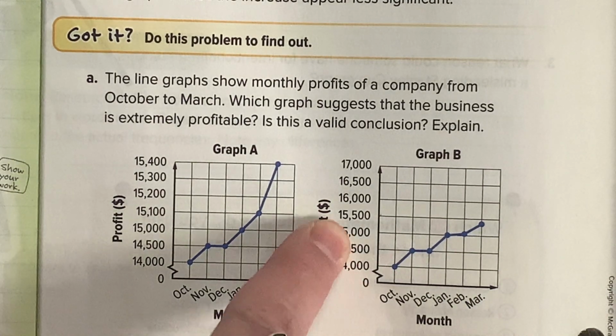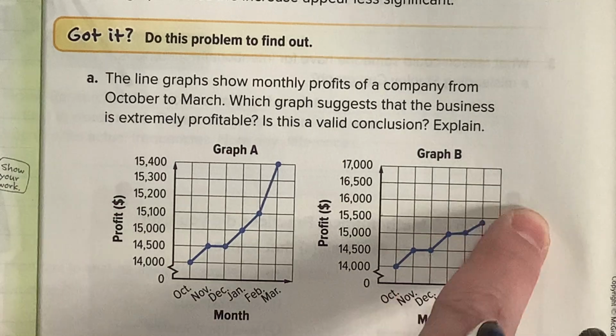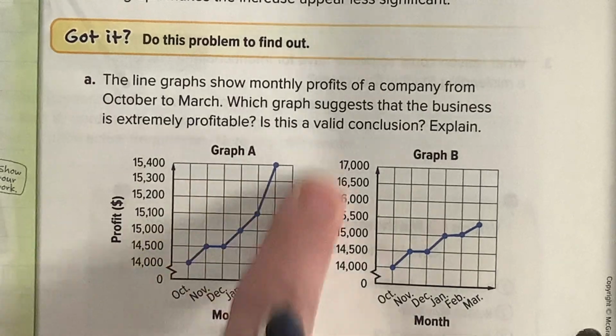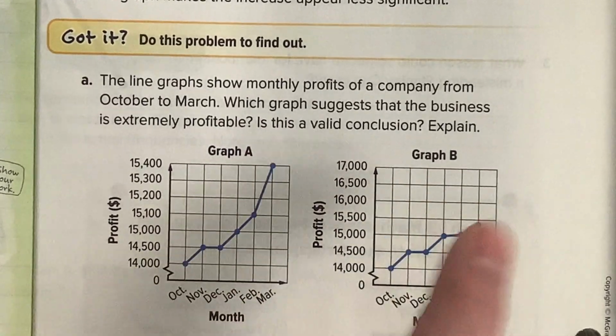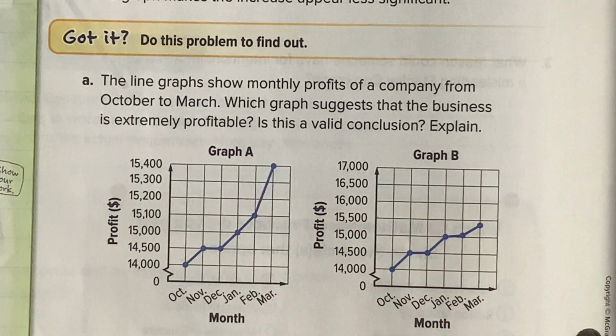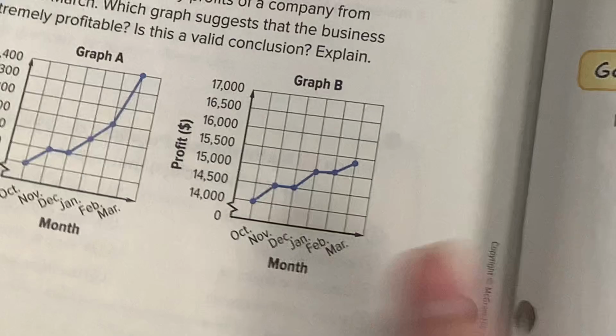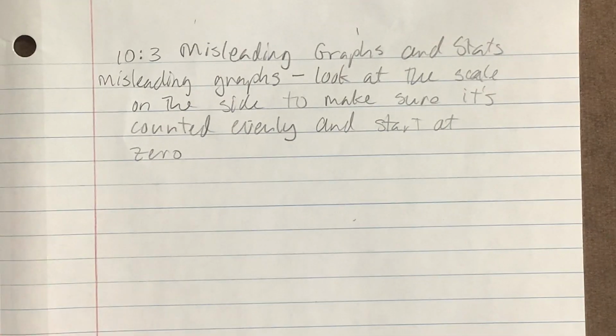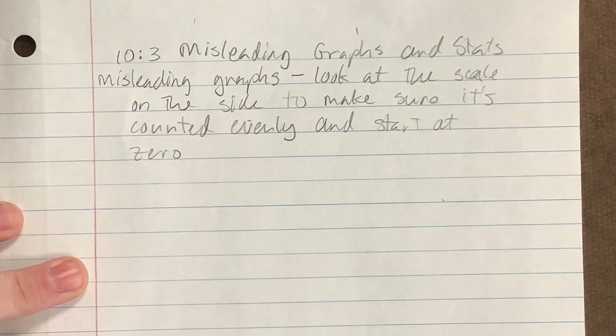Whereas if you keep a consistent scale over here, not as many lies. Okay, that's much more consistent than this one. This one, not so valid. This one would be valid. Oh, statistics, good times. Okay, so that's kind of what's happening with misleading graphs. So you want to look at the scale, and you want it to start at 0. I'll show you another example of why you want it to start at 0 in just a minute.